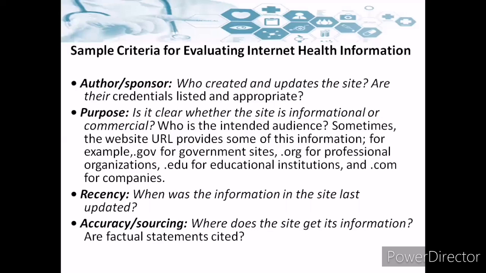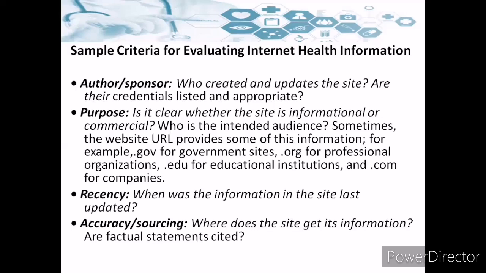Accuracy and sourcing. Where does the site get its information? Are factual statements cited? This is also important to identify where the information is coming from. For example, Wikipedia is a website that can be edited by anyone. So even I can edit Wikipedia, even you can edit Wikipedia.